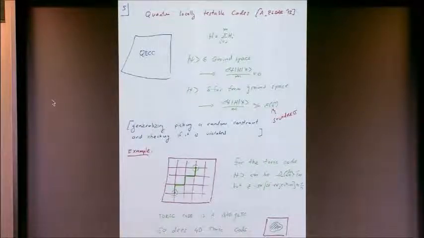But the point is that even though the distance of the resulting word from the code could be very large, it could be the length of the string here, something like square root of n, the number of constraints that it violates is only 2. That's a string-like operator. It just violates the edges of the string.